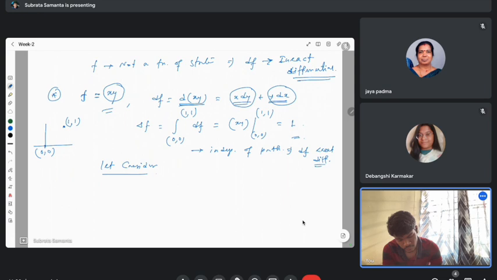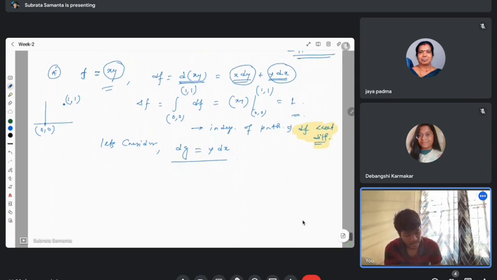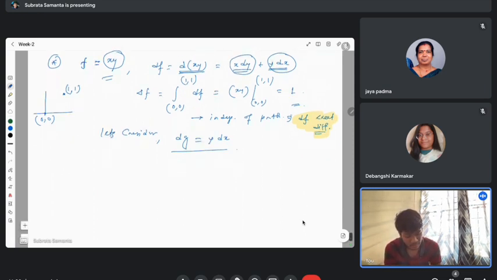Now let's consider d bar g is y dx. We are calculating the same thing. The delta g is the integral of dg from 0 0 to 1 1.